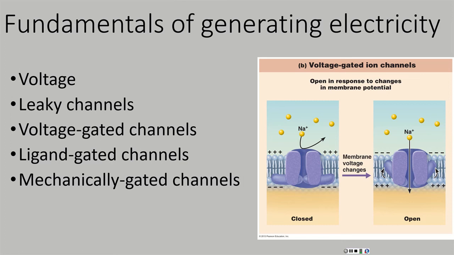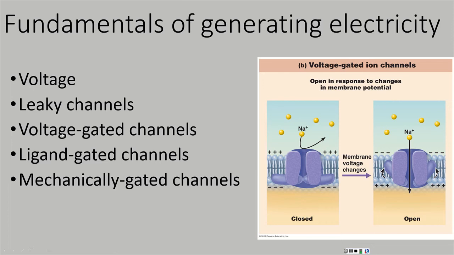For example, there will be a leaky sodium channel. There will be a leaky potassium channel. So there are leaky channels specific to certain ions, and those leaky channels are always open, and these ions will move freely through these leaky channels.